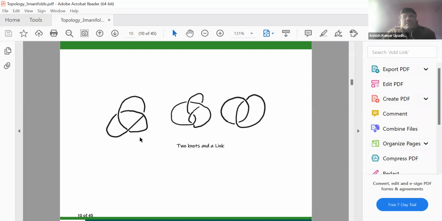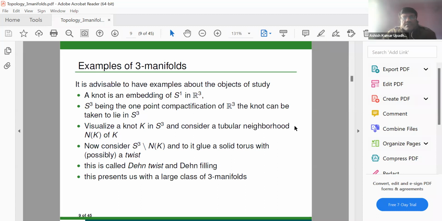Tubular neighborhood means you can thicken these lines, the lines which actually comprise the knot. When you make it thick, you will have a tube kind of structure. That tube is what is called the tubular neighborhood, Nk of K.